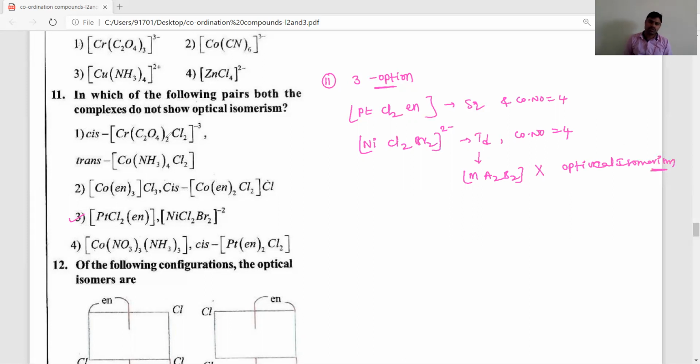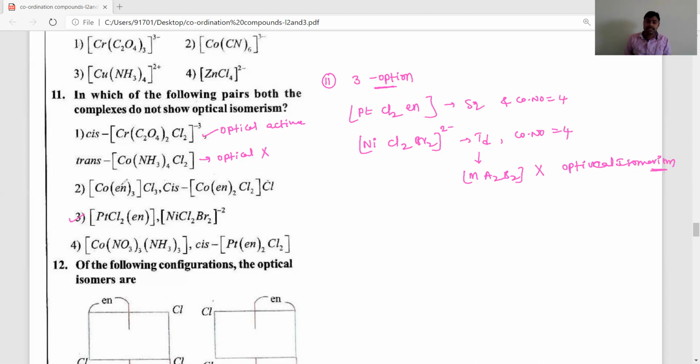Let's see the first option. The cis compound exhibits optical isomerism and is optically active, but trans is optically inactive. It does not show optical isomerism. Next, the second option, M(en)3, with ethylene diamine.